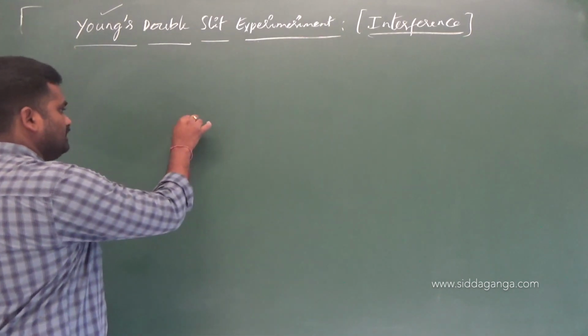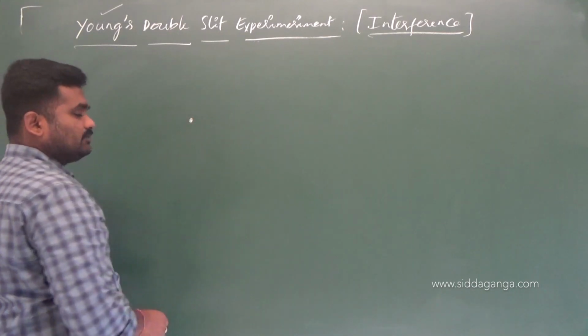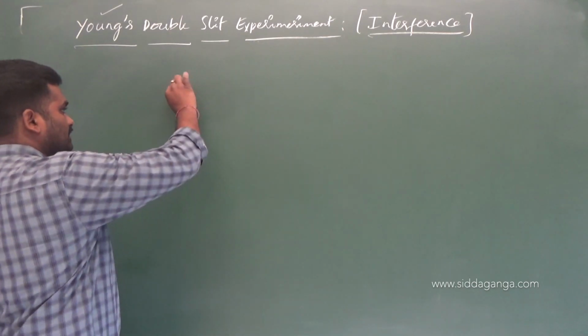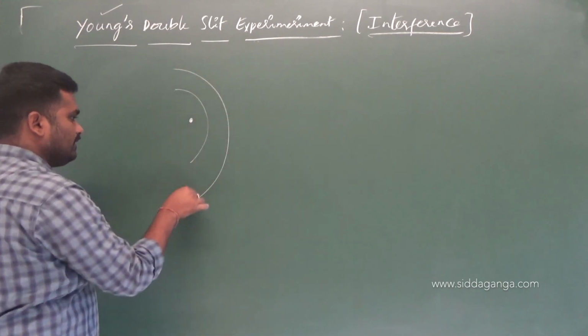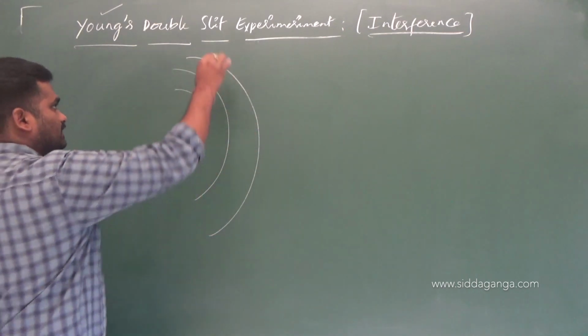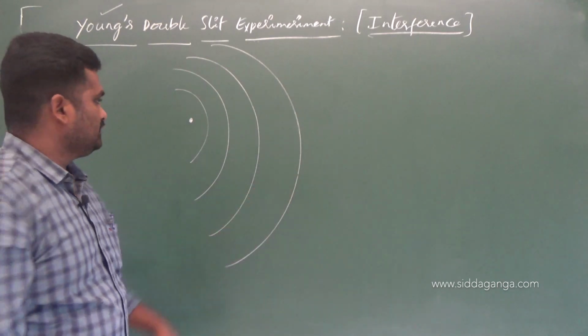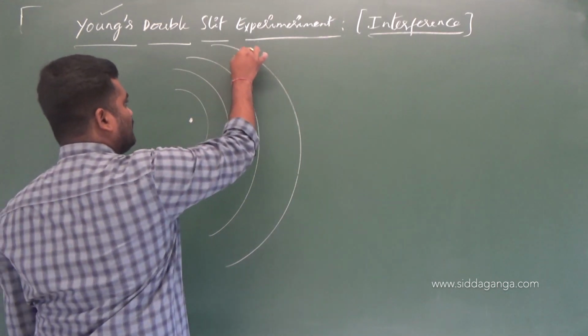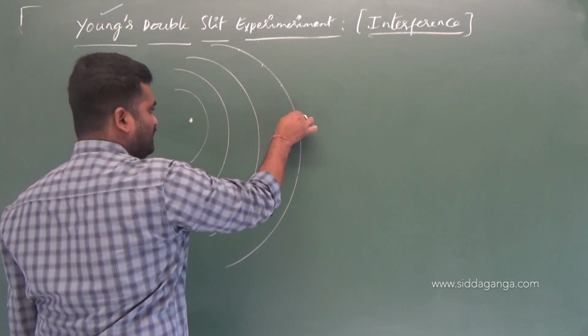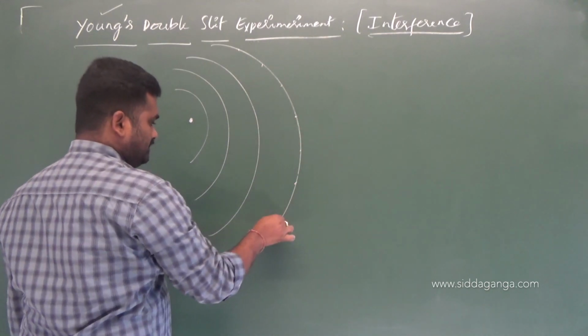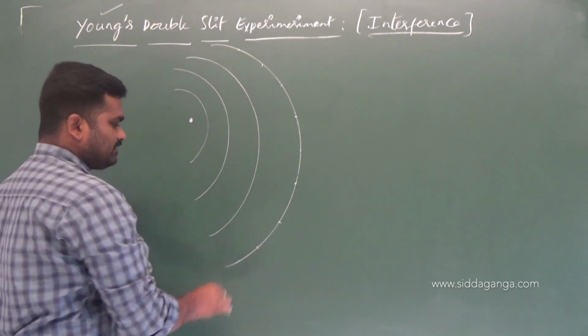Huygens wavefront principle. If I take a point source, this point source is going to emit light in all the directions like this. What do you call this as a wavefront? I told you, the locus of all the points which are in phase. At any point on this wavefront, all the points will have the same phase.